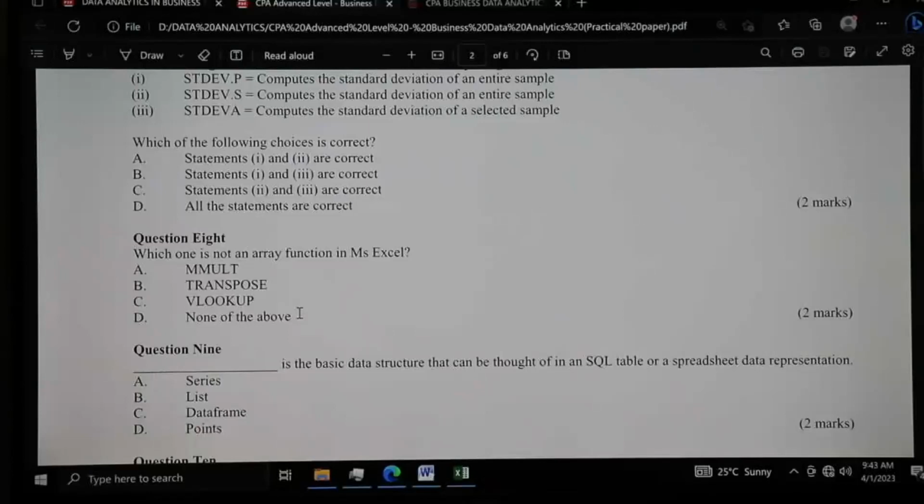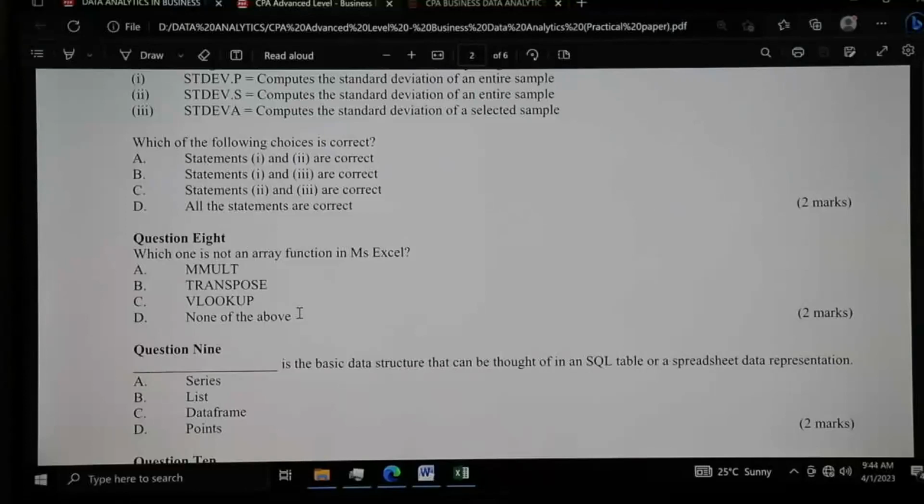So according to the question and the answer, I think there was a problem here with setting that none of the above. None of the above, okay, that was the given answer. But if you say none of the above, then as you answer the question, it means none of the above is actually an array function in Excel.